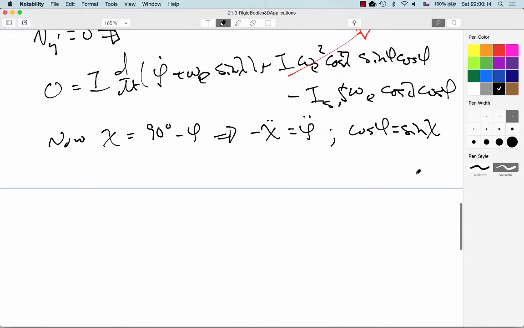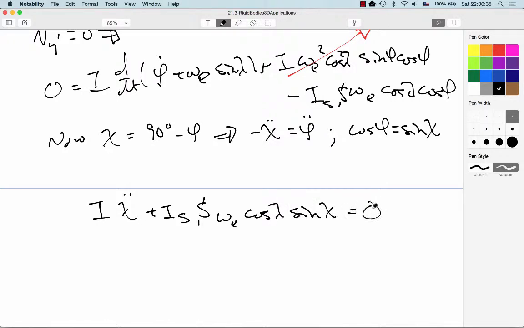So with those substitutions, we can plug into here and we get that I times chi double dot plus I_s s omega E cos lambda sine chi is equal to 0.